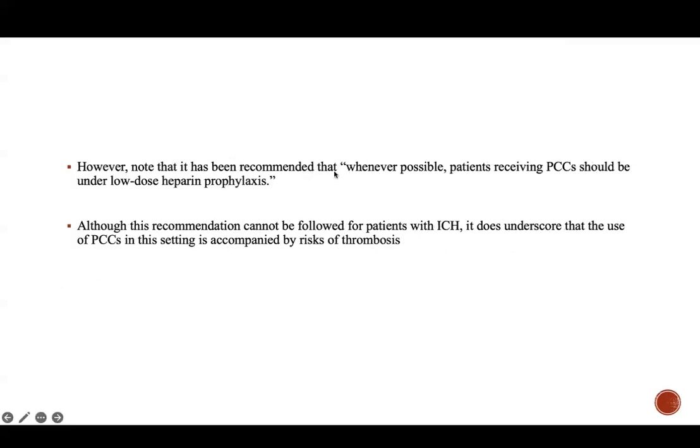However, a few studies recommend that whenever possible, patients receiving this concentrate should be under low-dose heparin prophylaxis. But in the case of active intracranial hemorrhage, it may not be possible to give heparin. Here the benefit of prothrombin complex concentrates is much more than the risk of thrombosis, so it has to be administered.